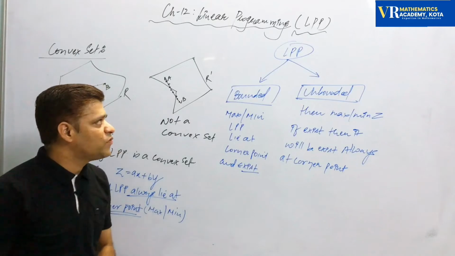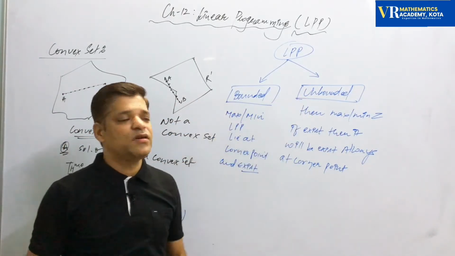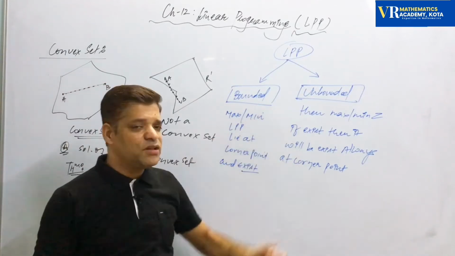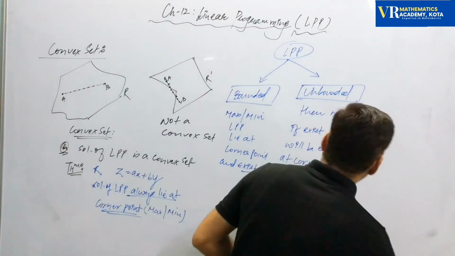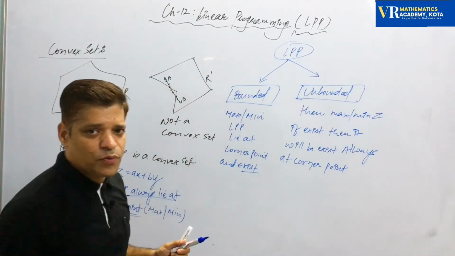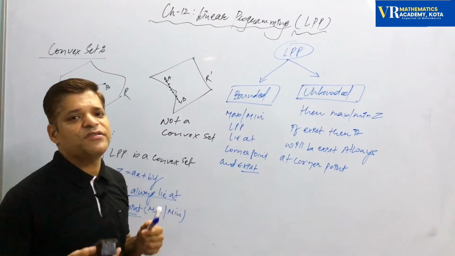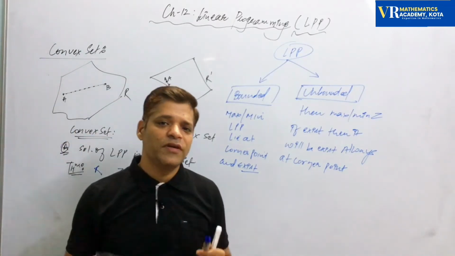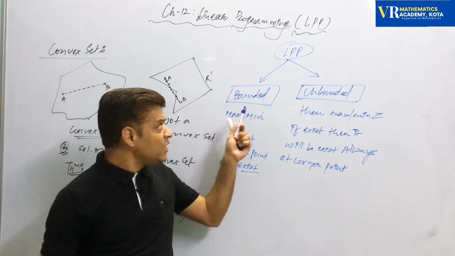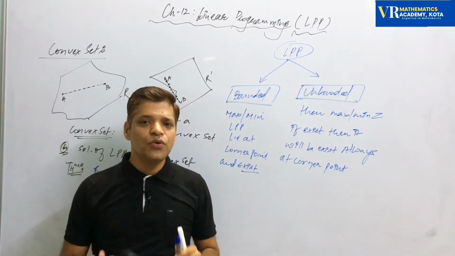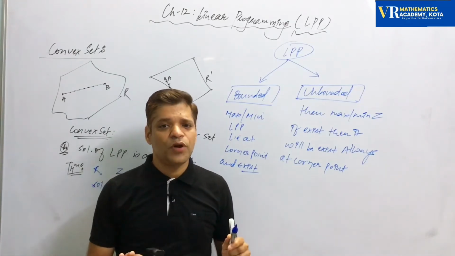So there are two types of problem in the LPP that we discuss: one bounded and the second unbounded. Now we take one problem here and discuss it to understand the concept of LPP, that is, how we have to solve the given LPP on paper. An LPP is given in two formats: one is the mathematical format and the second is the word problem.